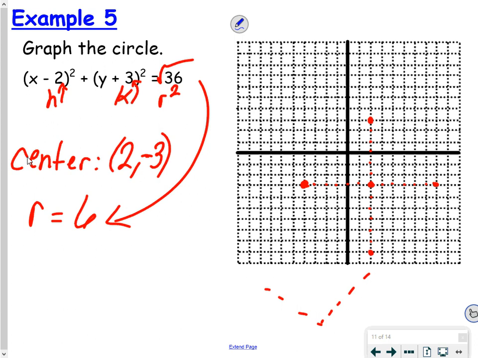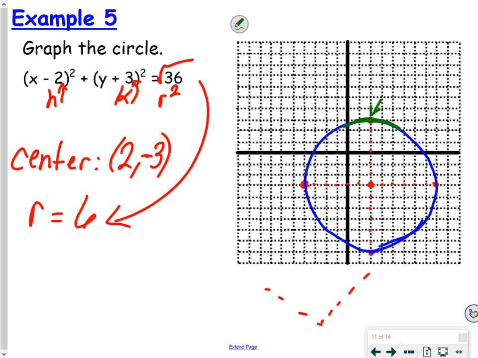Now for the really hard part. If you're not a good artist like me, I'm not a good artist, we're just going to try our best to draw a good circle. The key thing about drawing a good circle, if I have any recommendation whatsoever, just coming from a bad artist here, would be to make it a little bit wider than what you think it would be.